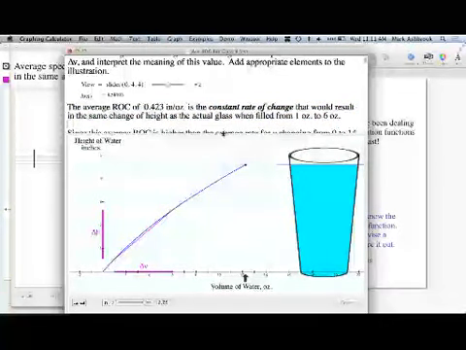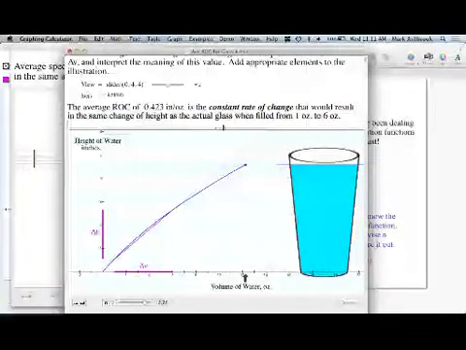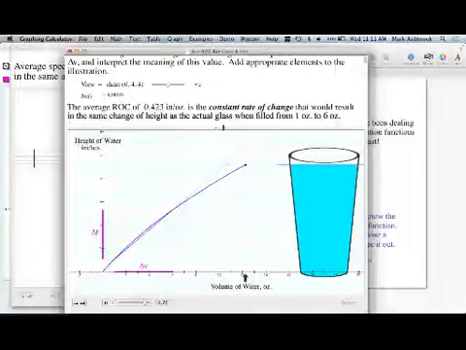It's the constant rate of change that will result in the same change in height as the actual glass when filled from 1 to 6 ounces.